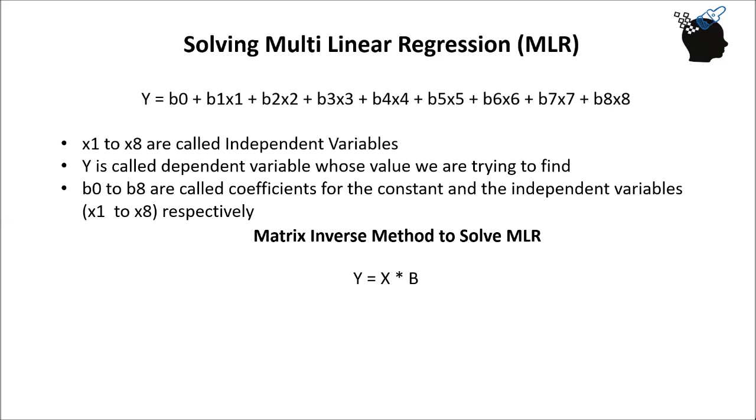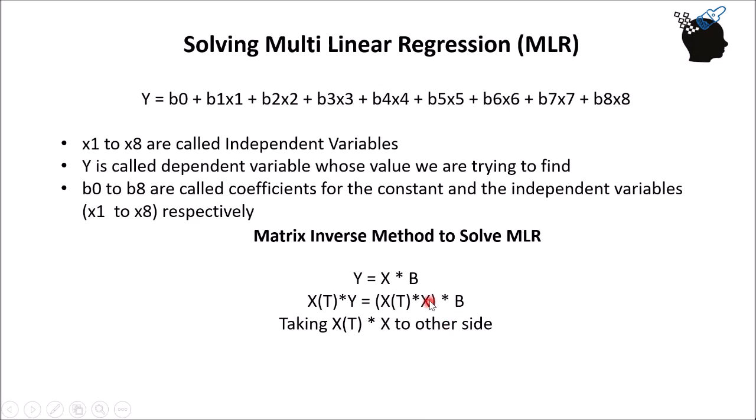We can rewrite the above equation in matrix form as matrix Y is equal to matrix X multiplied by matrix B. We can multiply with X transpose on both sides, so we get X transpose multiplied by Y is equal to X transpose multiplied by X multiplied by B. Then we can take X transpose into X to the other side.